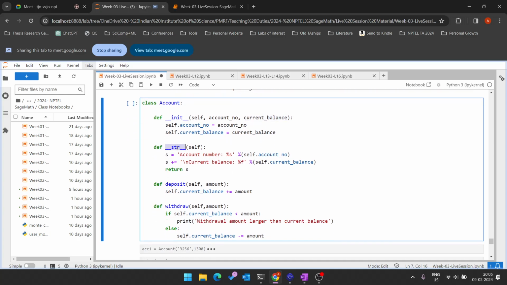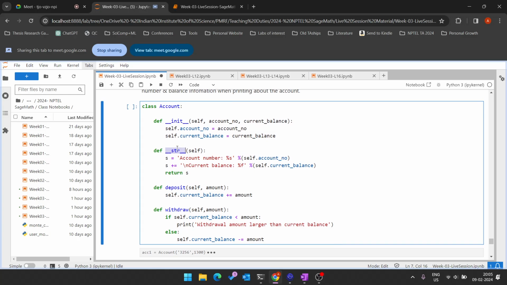Next, we are defining a double underscore str double underscore, this string function. This is required when we print an account object. So what does this string contain? It contains an account number. Percentage s acts as a placeholder for a string object. So here we are feeding the self, the attribute called account number, self dot account number.